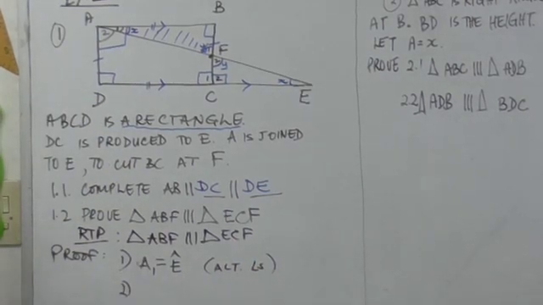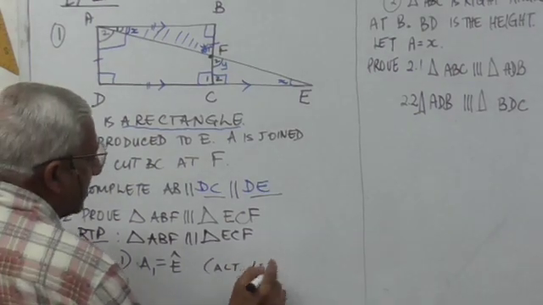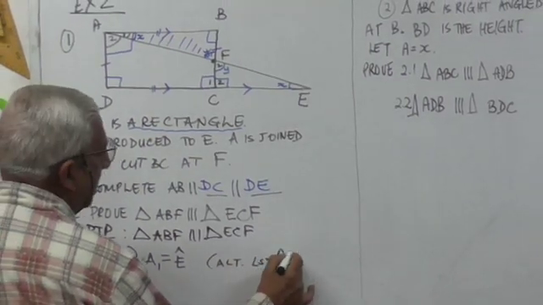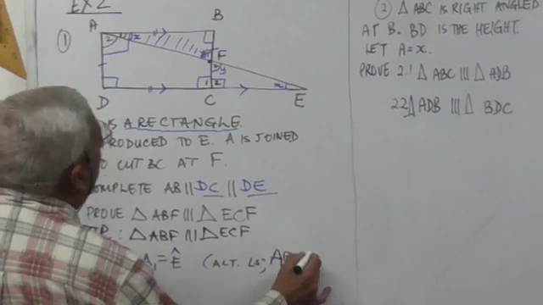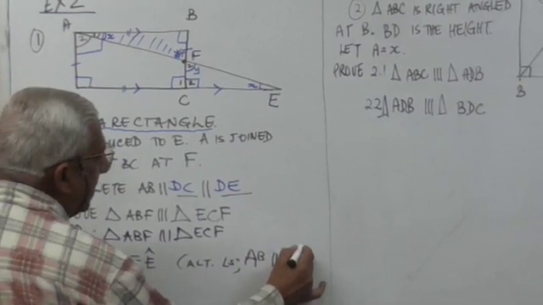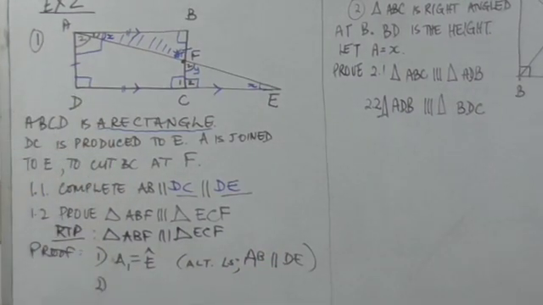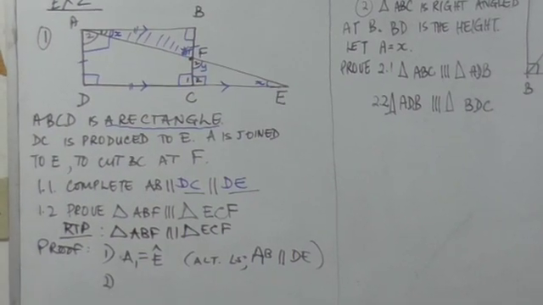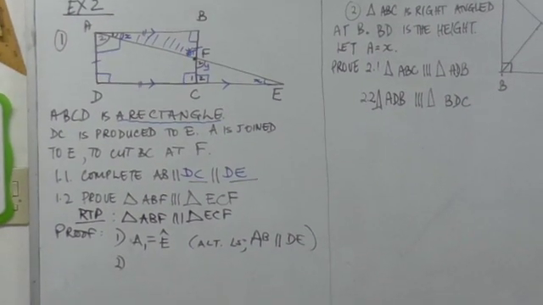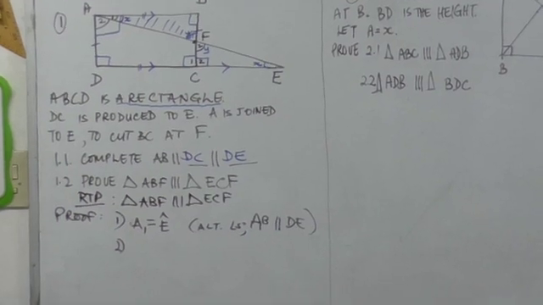Number 2. In fact, if you like, I can even say which lines are parallel. AB is parallel to DE. Sometimes it's nice to say which lines you're looking at, so the person who's marking can quickly check and make sure that he gives you the mark.